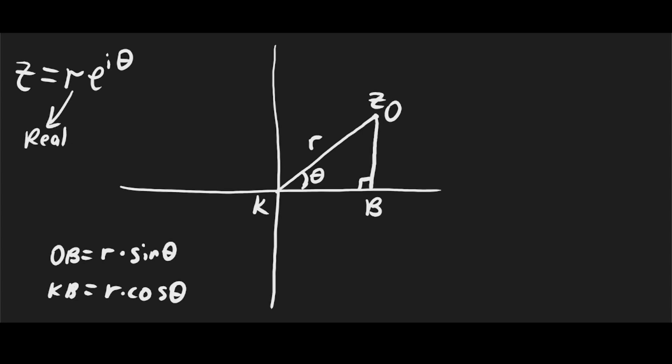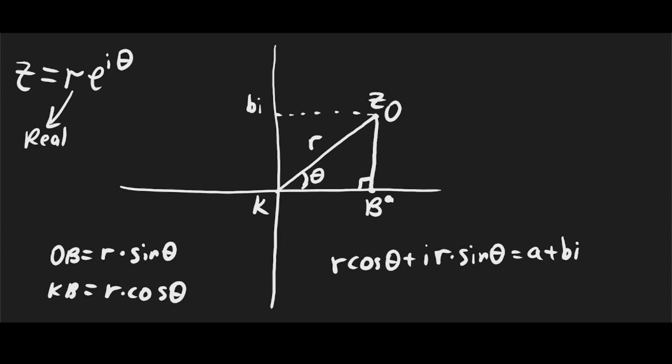And we can easily prove that r times cosine theta plus i times r sine theta is exactly the same as a plus bi, because this would be a, and clearly this would be bi, which we discussed in the first representation of complex numbers.